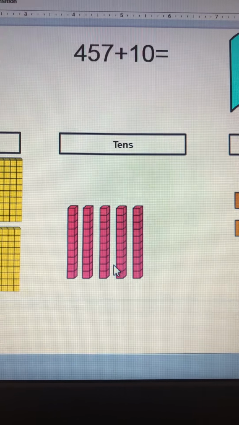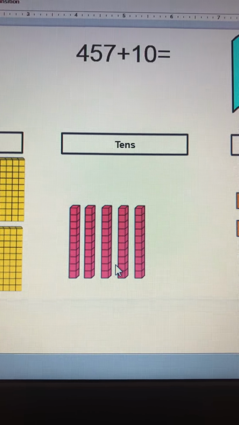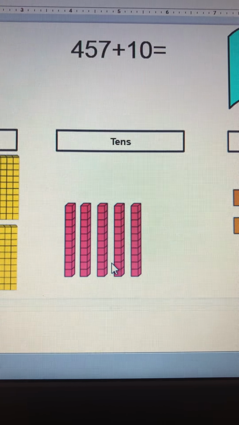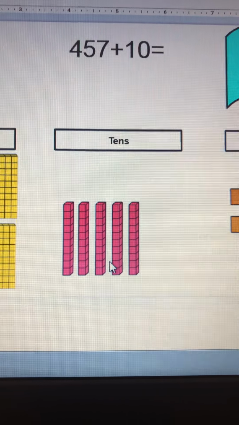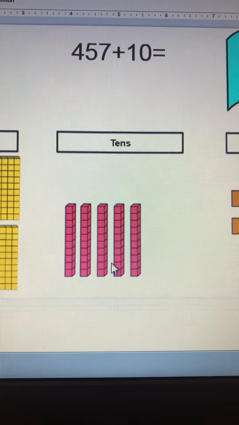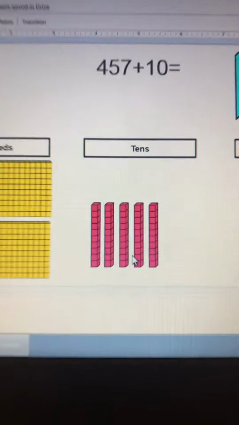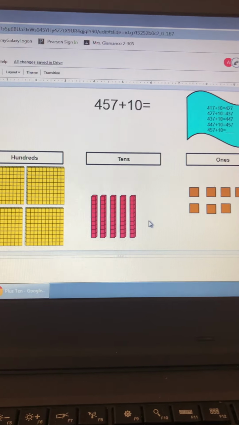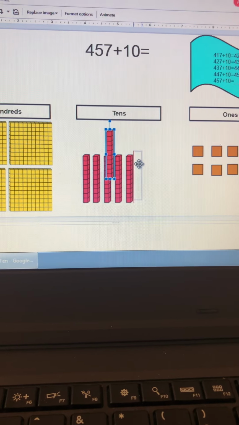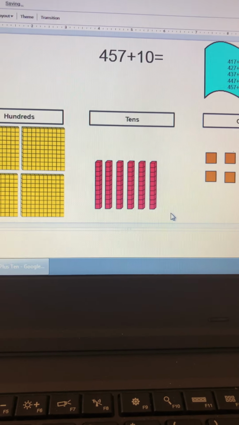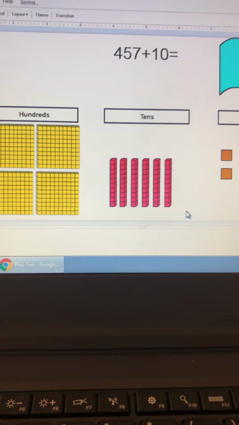Three, 2, 1. All right, let's all check ourselves. Thumbs up if you say 457 plus 10 equals 467. Yeah, I agree too. Watch Ms. Dramenko. I add another 10, right? What place value is only changing?